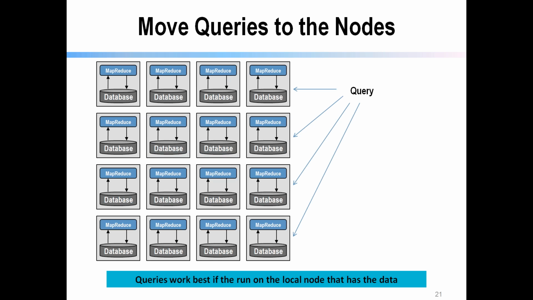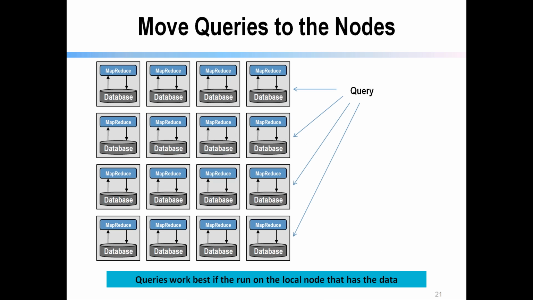One of the other patterns that also comes up is that with traditional relational databases, you may have a large query that you have to send out to these systems, and they often move a lot of data between the nodes in order to get the query results. With NoSQL systems, one of the things we try to emphasize is that you need to come up with a way that you can send the query to each of the individual nodes, have them each respond with their own results before the data is gathered back.